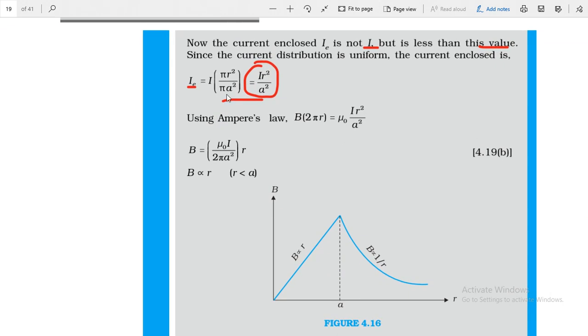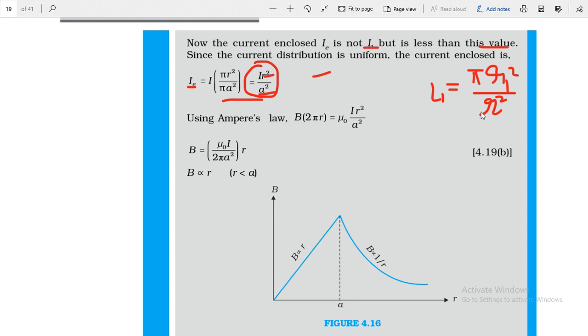So now you can see here this I r square upon a square. Since the radius of the conductor is given as a, you can replace R by a and r1 by r. In our equation we wrote that I1 is equal to I r1 square upon r square.